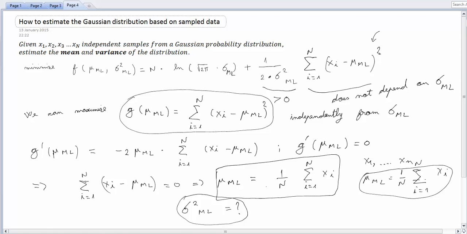They taught you that the variance should be 1 over n, the sum over i equals 1 to n of xi minus mu squared. So this is what they taught you in school.